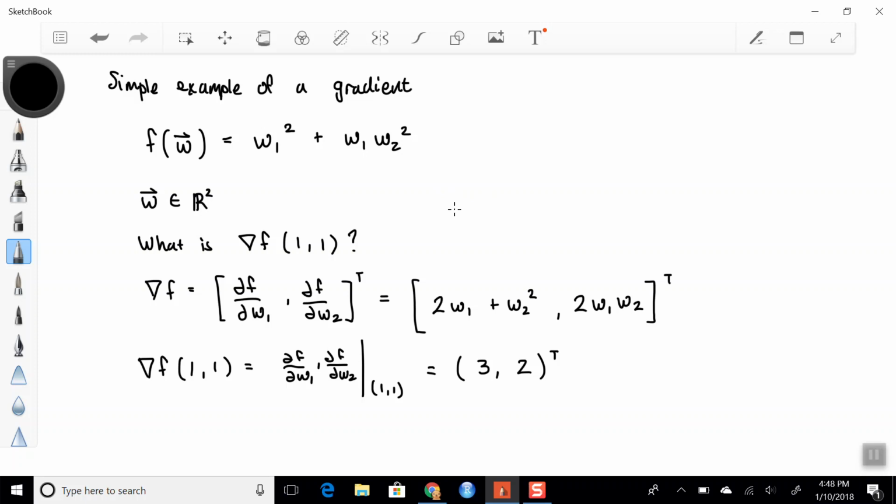So you have basically a surface over w1 and w2, and this tells us the direction of how that surface changes.